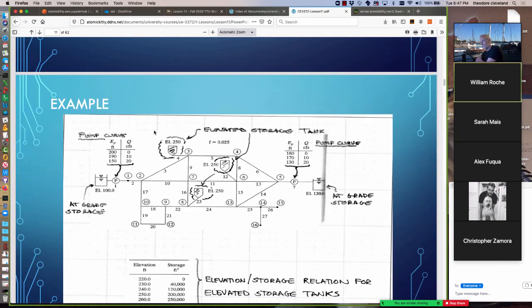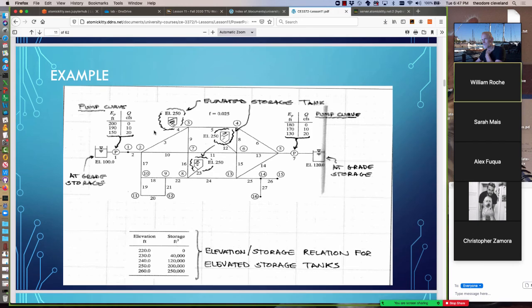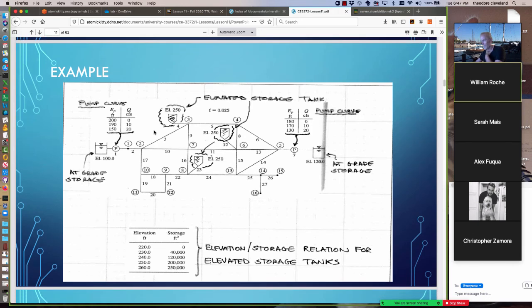The best way to visualize this is by an example, and we will switch to this example shortly, but let's go ahead and do the basic layout. So suppose we have this skeleton network here.